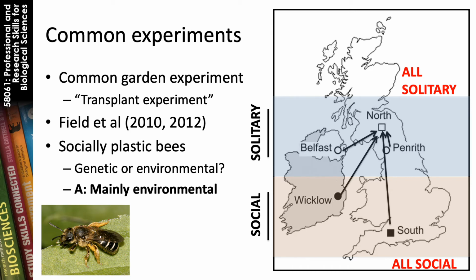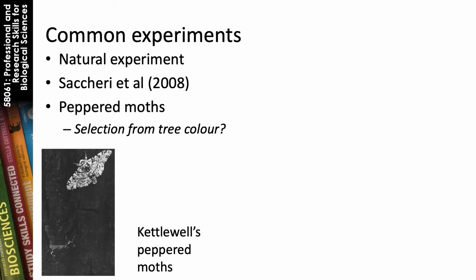There's more time to pack in two generations of bees in the south, and so you can get away with being a social bee down in the south of England. So very, very nice transplant experiment, another name for it being a common garden experiment.